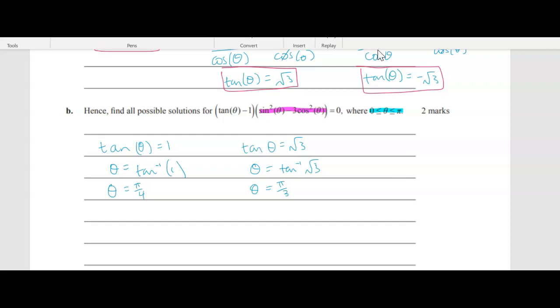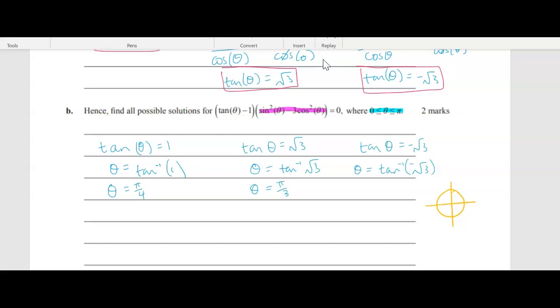And the last one, we've got tan theta equals negative root 3. So theta equals inverse tan of negative root 3. So if we just look at our unit circle, just quickly, so we want it to be negative.